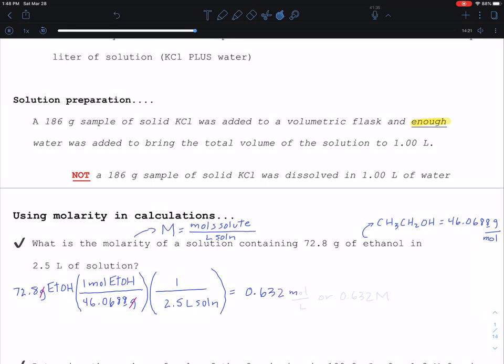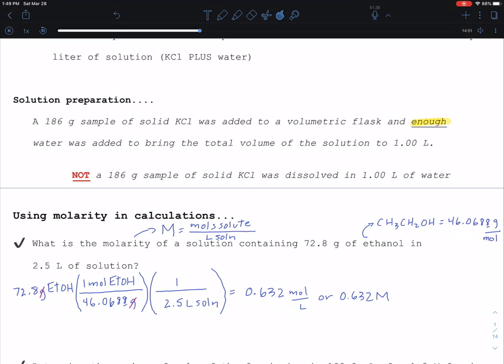You can either say moles per liter or 0.632 molar. Very often you'll just see the answer reported as capital M, and that means molarity. That's the concentration. It's the molar concentration of that particular solution. So it's the number of moles of the solute divided by the liters of total solution.